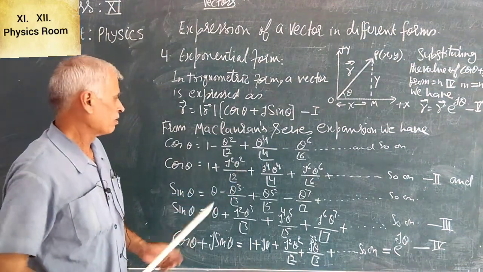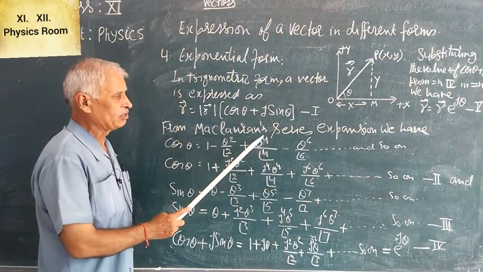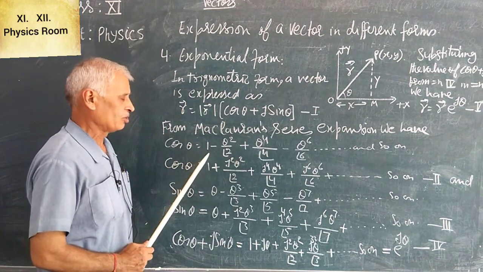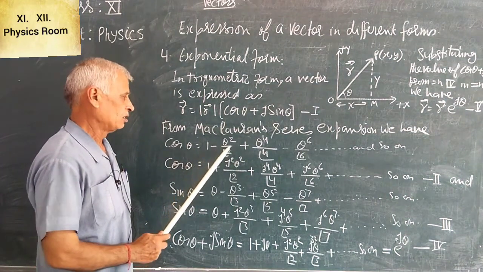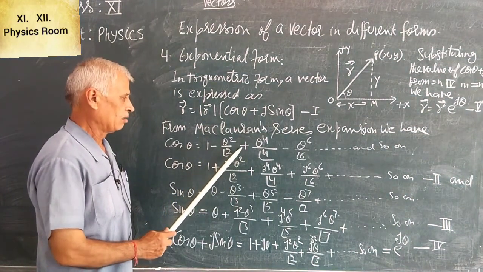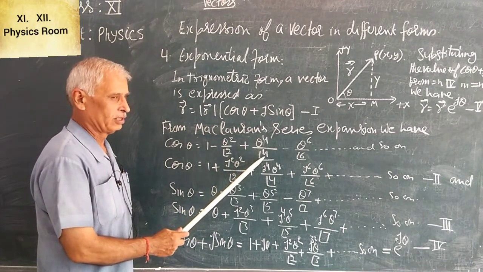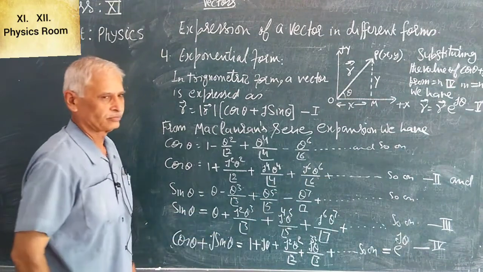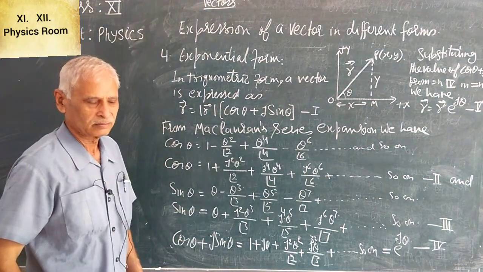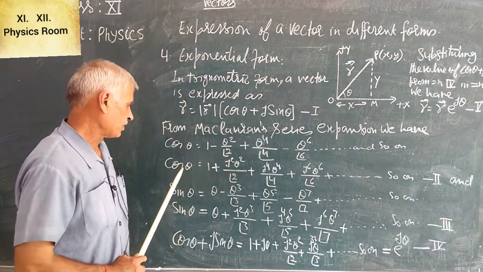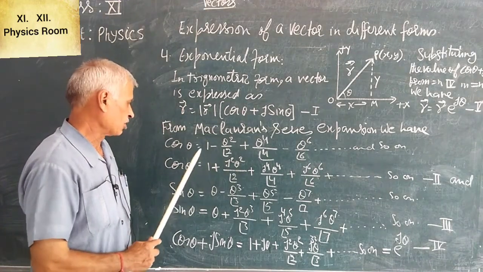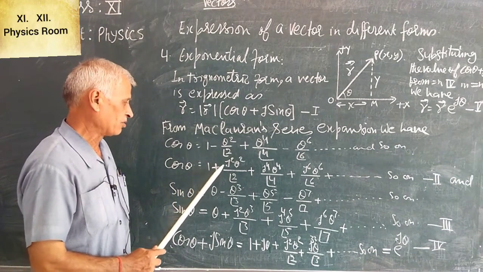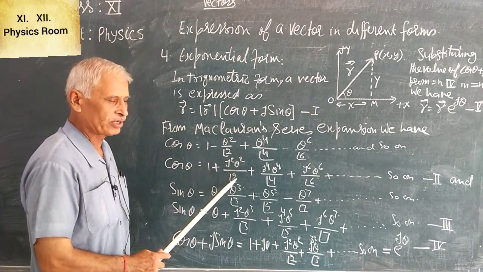Now from Maclaurin's series expansion, we have cos theta is equal to 1 minus theta square by 2 factorial plus theta 4 by 4 factorial minus theta 6 by 6 factorial and so on. Or we can write this expansion as cos theta equal to 1 plus j square theta square by 2 factorial.